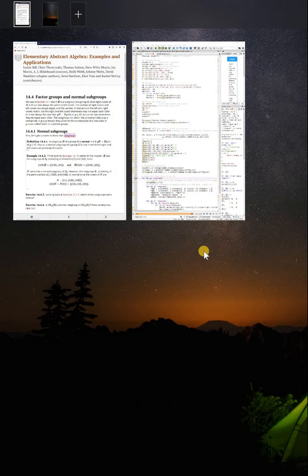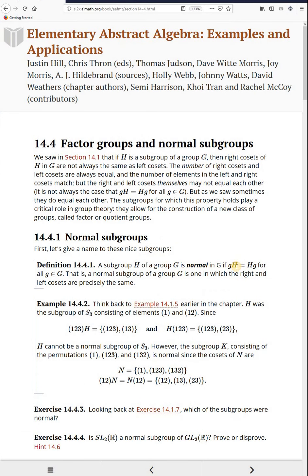So remember this H is a subgroup, and gH means take the element g, multiply by every element in big H. In particular, big H has the identity, so this set has g in it. Also, Hg means take every element in the set H and then multiply on the right by g. Now this set also has g in it.